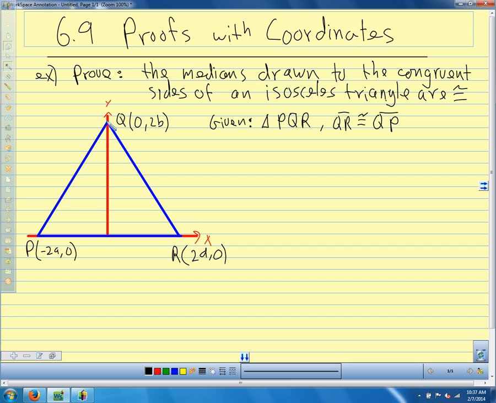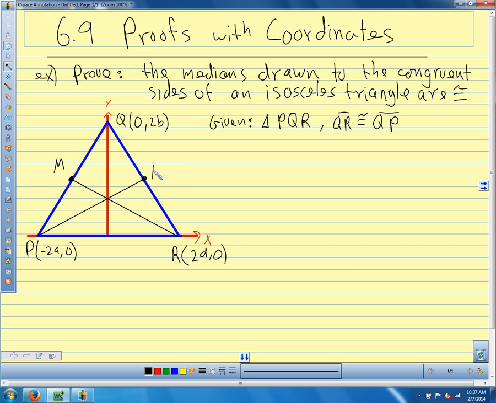Very nice. So our median goes from the vertex of one angle, and we want the median to the congruent side. It's going to go from the vertex of one angle to the midpoint of the opposite side. So there are our medians. So those are the segments we're talking about.